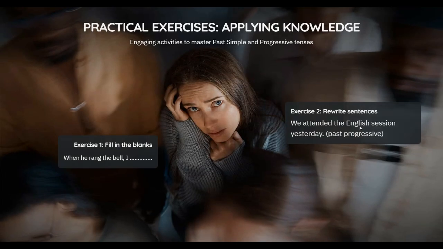We have here two practice exercises that show us the difference between past simple and past progressive. In the fill in the gaps exercise number one: when he rang the bell, I blank. We have a time linker, which is when, and then two clauses.